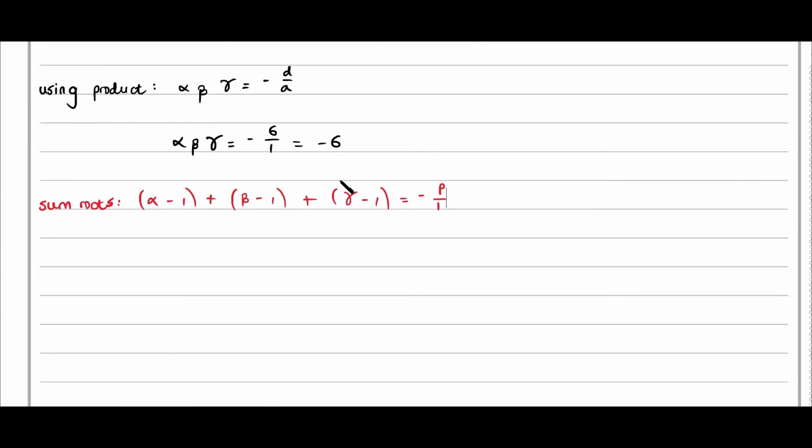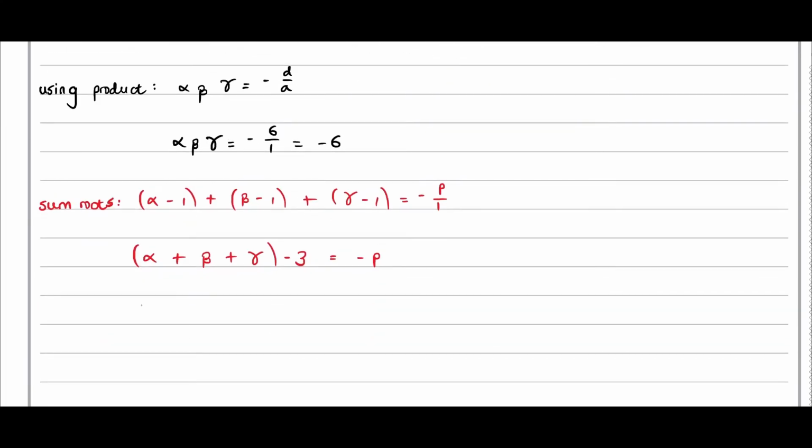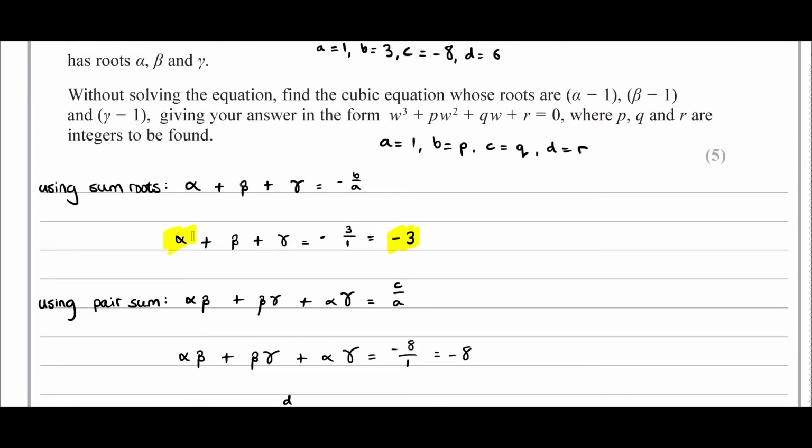And if we simplify all this, we have alpha plus beta plus gamma, and then minus 1, minus 1, minus 1, that's minus 3. And then we have that equaling minus p. Alpha plus beta plus gamma, we just found that to be minus 3. So we have minus 3 minus another 3 equals minus p. P is equal to 6. So just for clarity, this minus 3 came from here, which is alpha plus beta plus gamma.